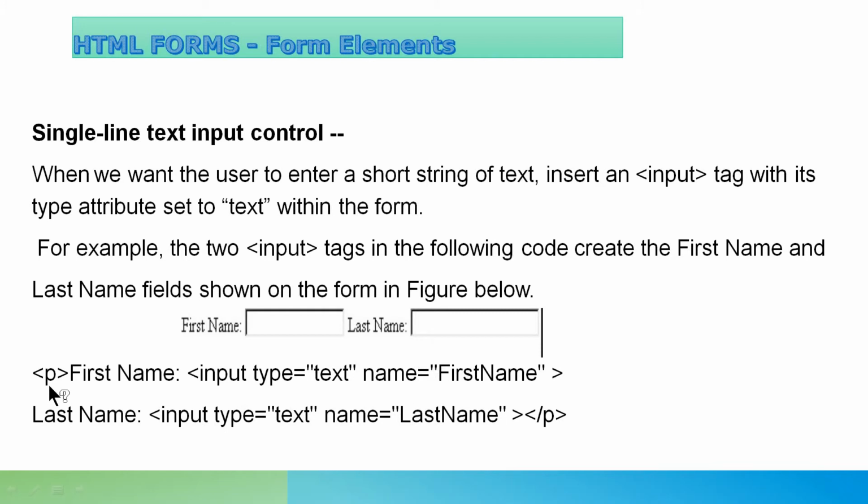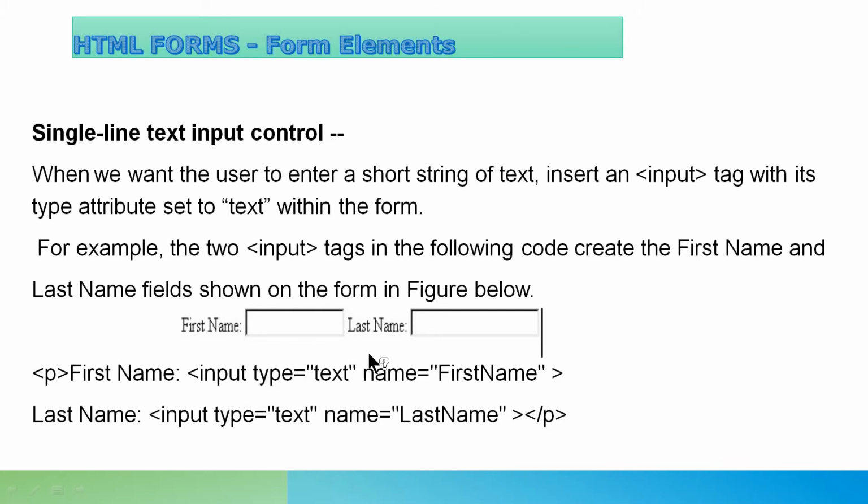This will begin with the P tag, and here we have the text first name, and then comes the input tag with type equals text. Suppose we are entering text, which can be alphanumeric, in that case the value text has to be provided to the type attribute of the input tag. Then name is an attribute of the input tag.